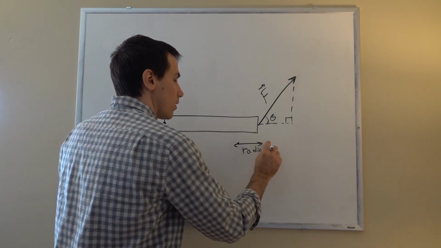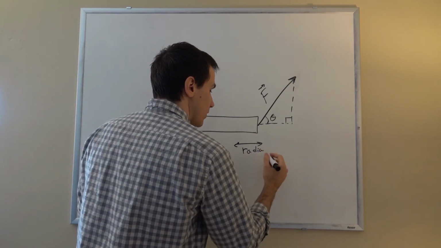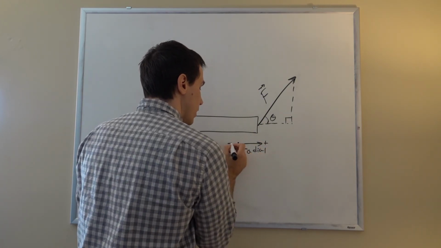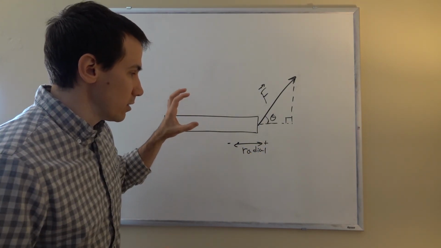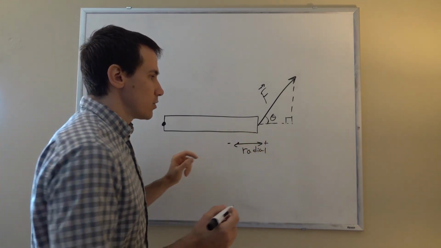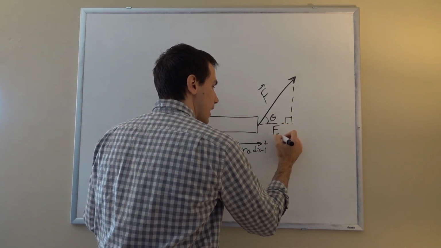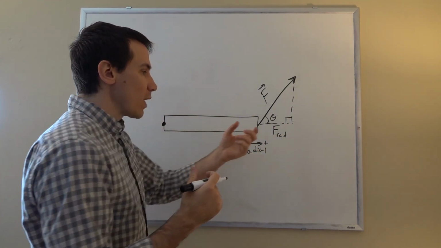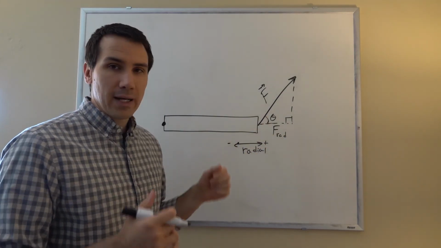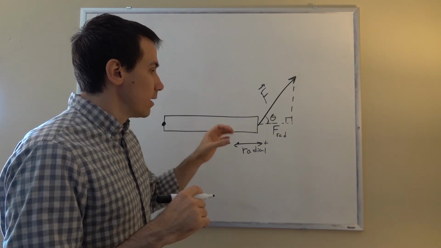So we call outward from the axis of rotation positive and inward from the axis of rotation negative, right? So this is the radial component of our force F, right?